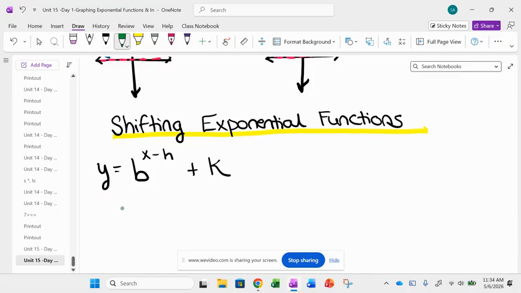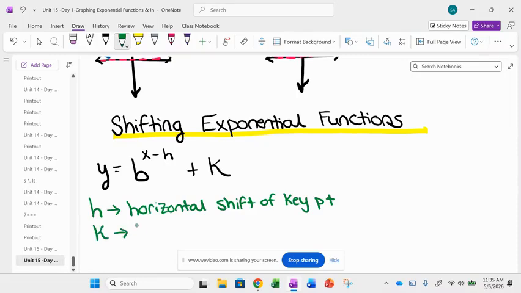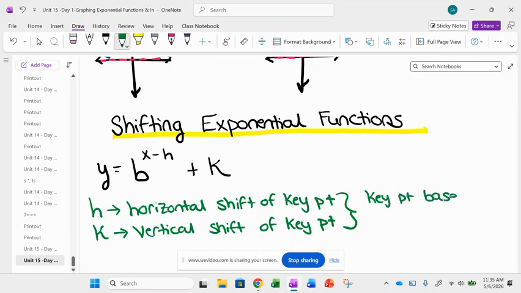So what this is going to do: h is going to represent our horizontal shift of the key point, and k will represent the vertical shift of the key point. And for both of these, the key point is based on the parent graph.